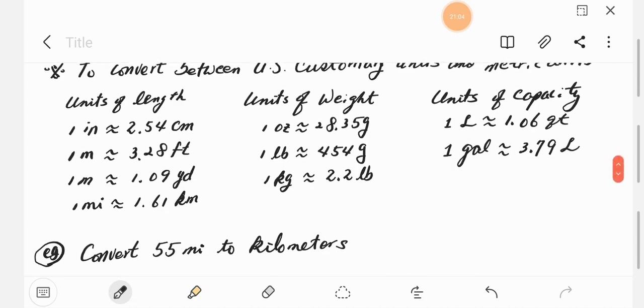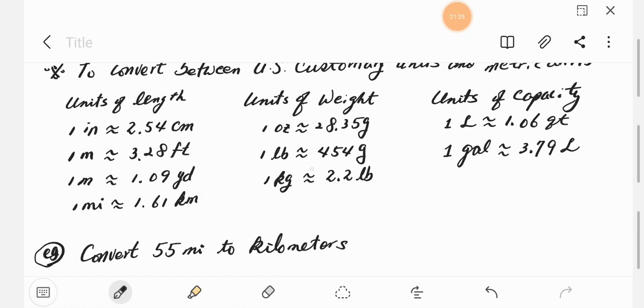And 1 meter is also approximately equal to 1.09 yards. And 1 mile is long, right? It's a unit for long distances. So 1 mile is approximately equal to 1.61 kilometers.